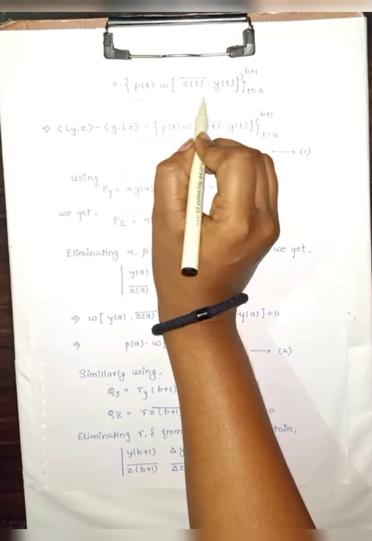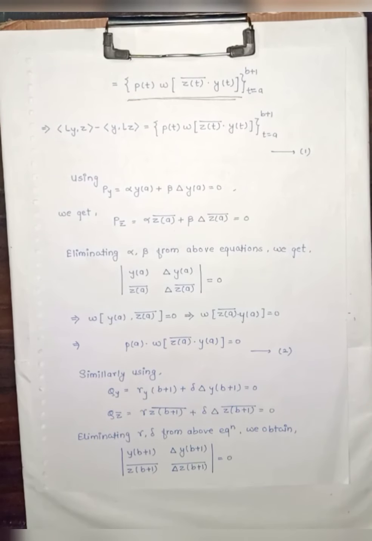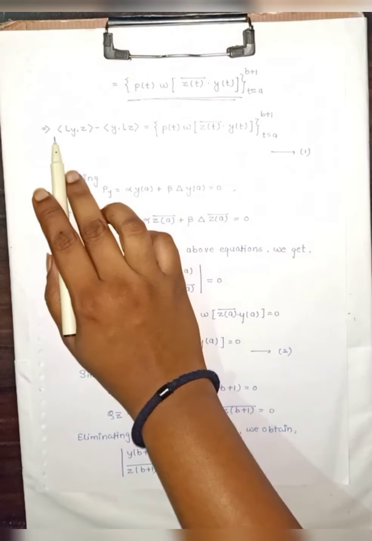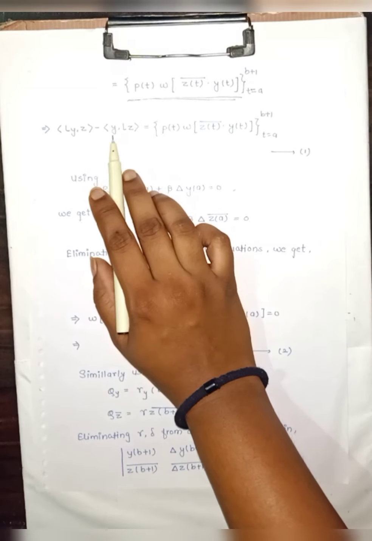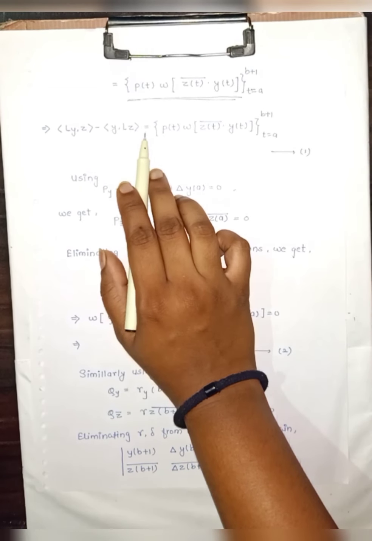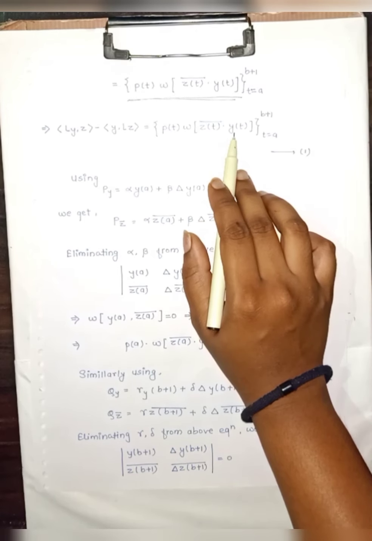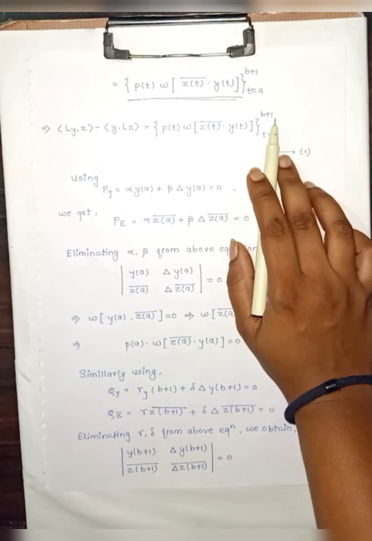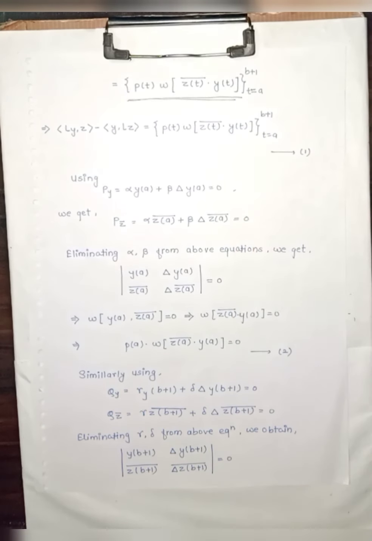You will see this identity in the first unit, in the lectures on Lagrange's theorem and Green's identity. So next, it is the inner product of Ly and z minus the inner product of y and Lz, equal to p of t into omega of z of t conjugate into y of t, t varying from a to b plus 1, and we will call it equation number 1.